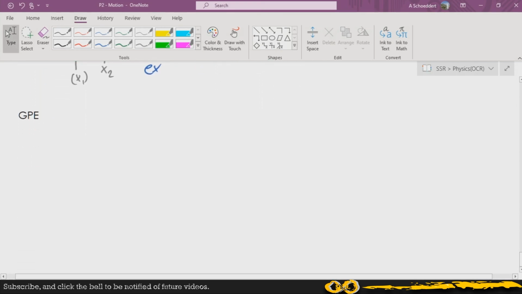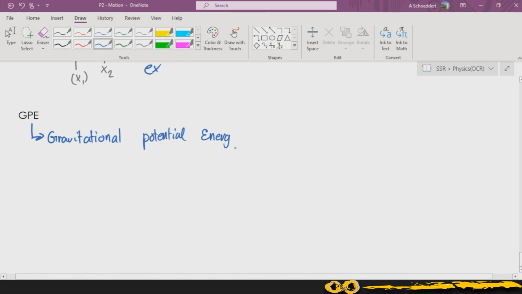Our final concept for this topic is the concept of gravitational potential energy, or GPE. This is the energy that an object has due to its height.